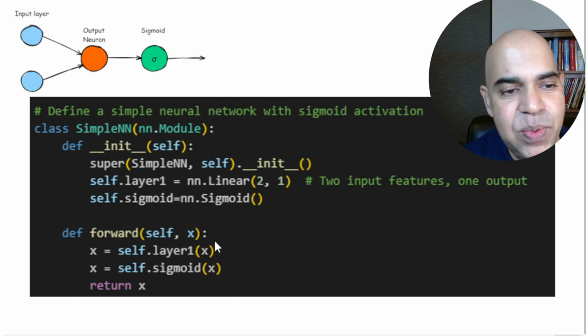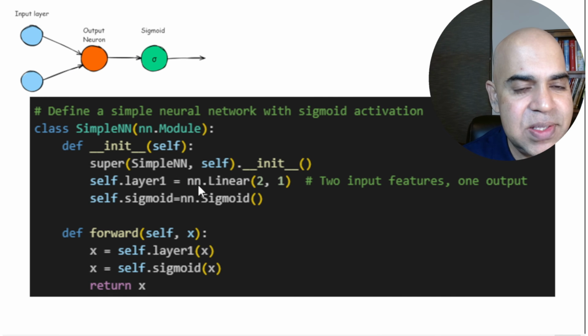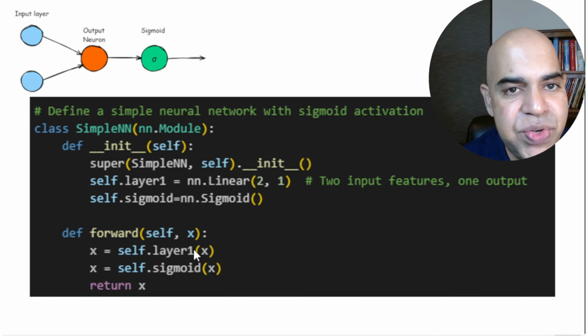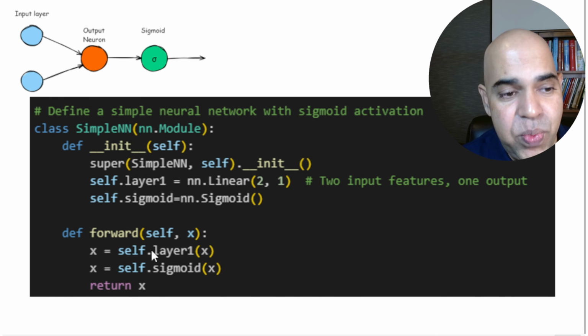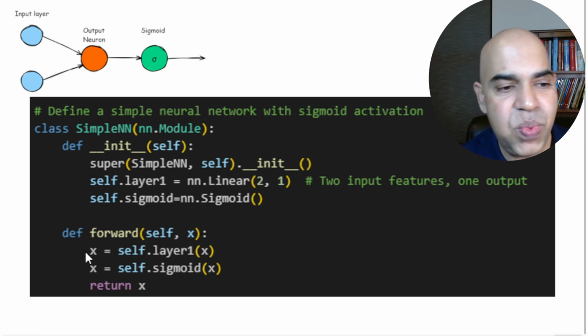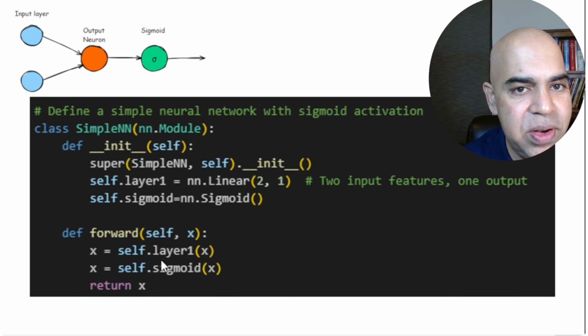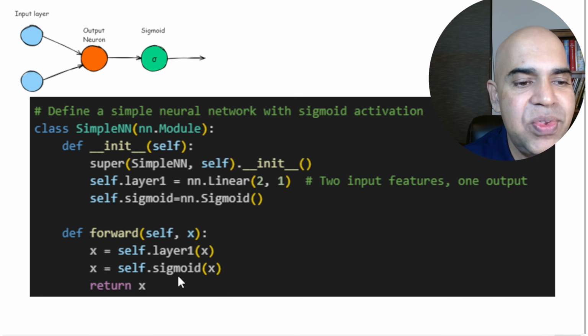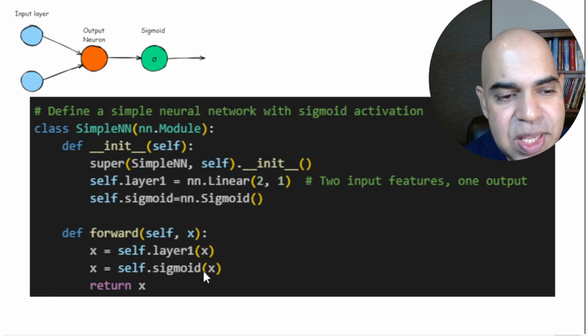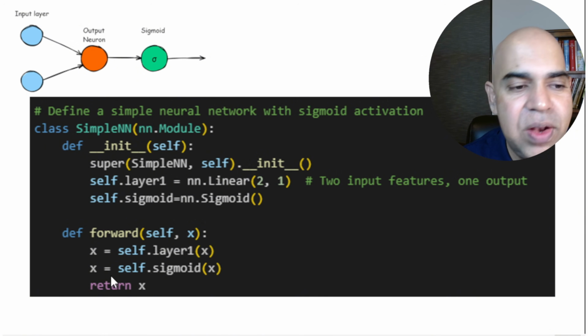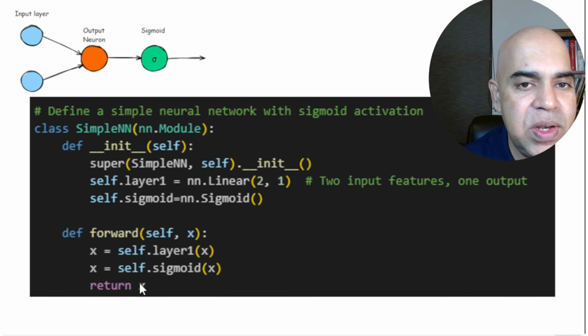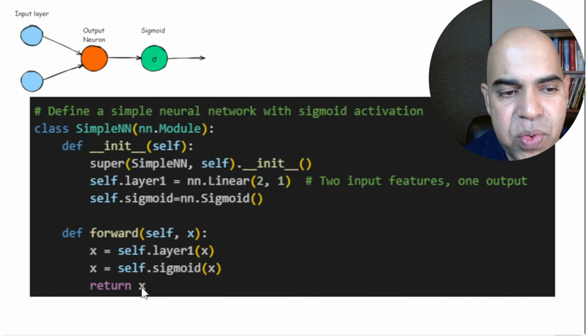We are sending that input through layer 1, which is the variable defined in the constructor. Whatever layer 1 outputs, which should be just one value, one logit, the output of this neuron, is sent through the sigmoid function that we defined in our constructor. The sigmoid will convert that value to a probability. So we are returning that probability from the forward function.